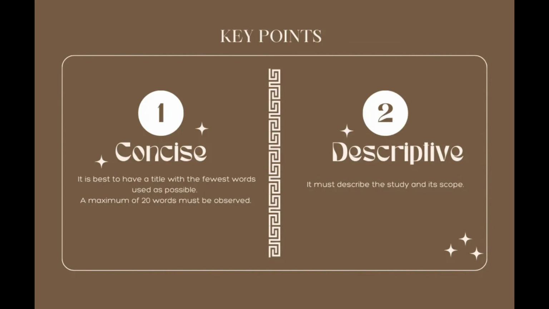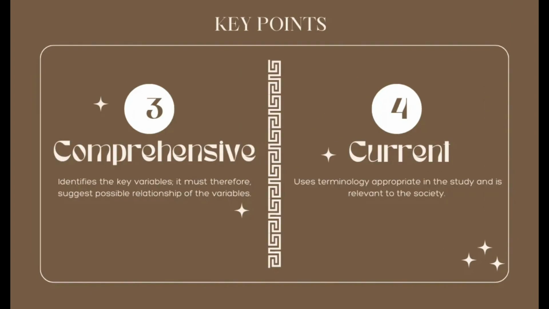Number 2, we have descriptive. It must describe the study and also its scope. Okay, very self-explanatory. Number 3, it should be comprehensive. So it should identify the key variables. It must therefore suggest possible relationships of the variables. Number 4, we have the current.